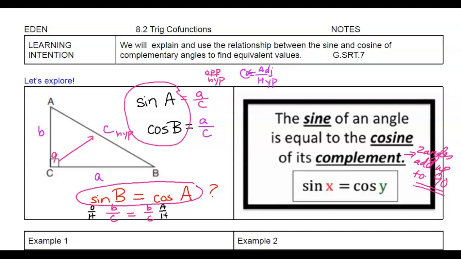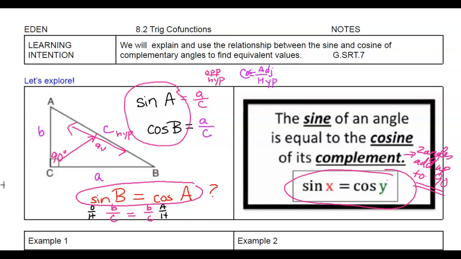The right angle is always 90 degrees, and all three angles have to add up to 180, so that leaves 90 for the sum of the other two. That's why they say complement. I always think of the two acute angles: the sine of one is going to equal the cosine of the other, and that's always going to be true.